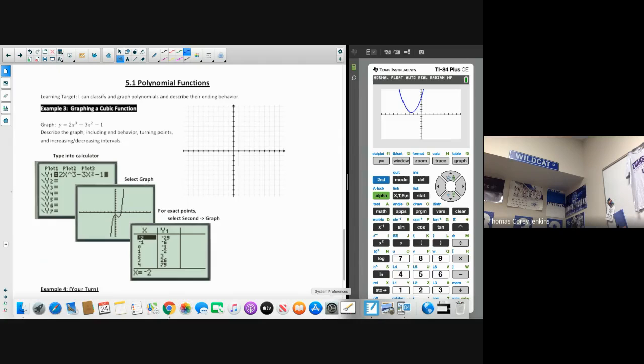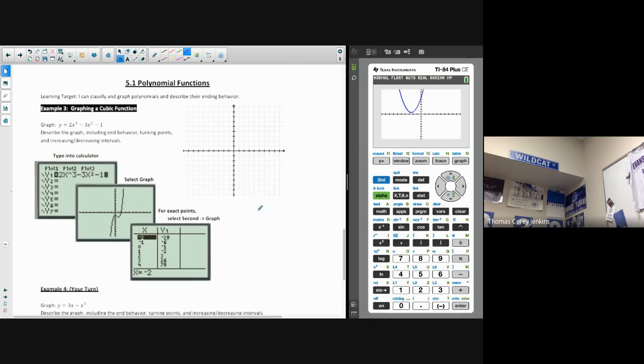So you want to include any turning points, any increasing intervals, and any decreasing intervals. I'll tell you what I mean on that in just a second.